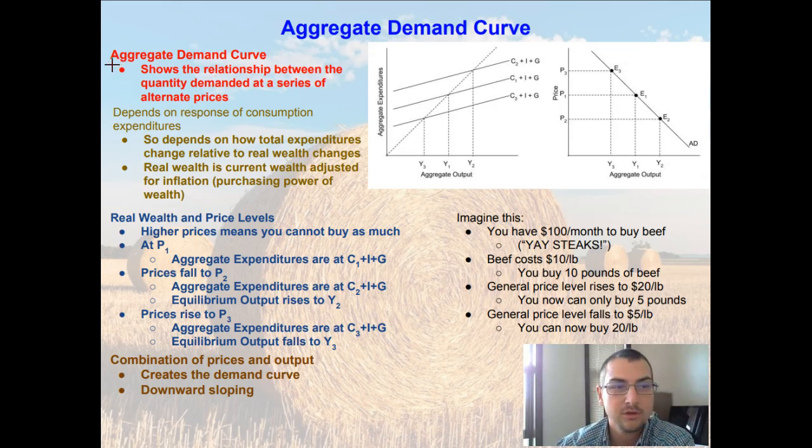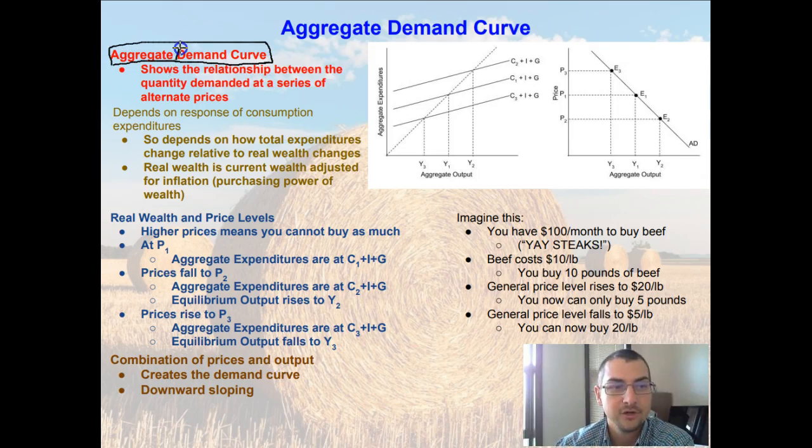But first and foremost, we're going to start defining what the aggregate demand curve is. The aggregate demand curve is the demand curve for the whole entire nation. What is the demand curve for basically all products within an entire nation among all of the consumers? What is the demand curve of all products within a macroeconomy?